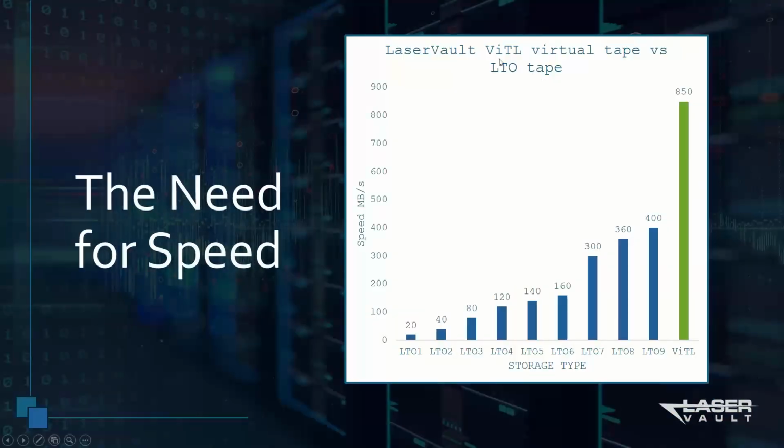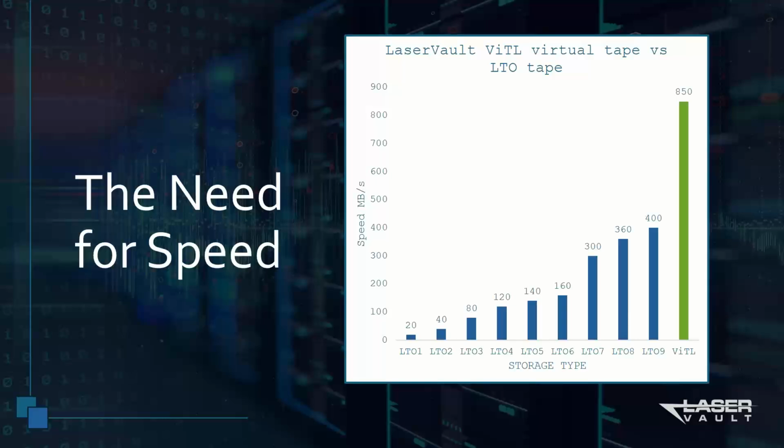The need for speed. If we do a comparison chart of all the LTO versions up to LTO9 compared to a VTL solution such as Vital, you'll see LTO9 at up to 400 megabytes a second compared to a VTL solution at 850 megabytes a second.